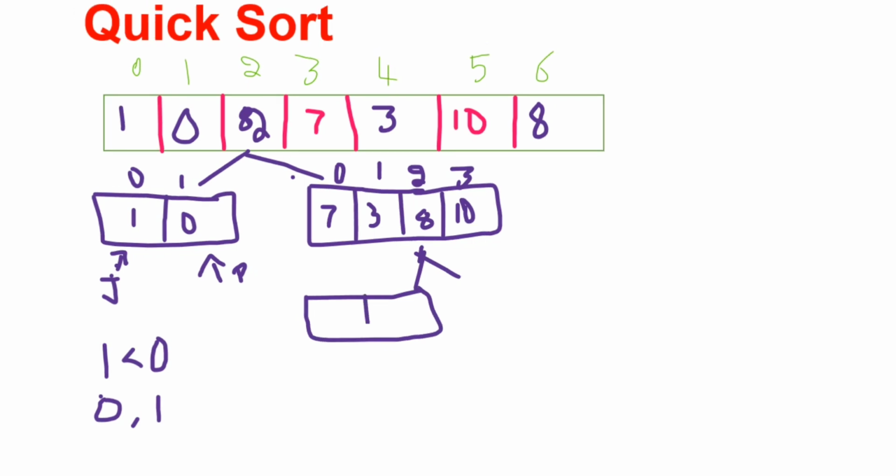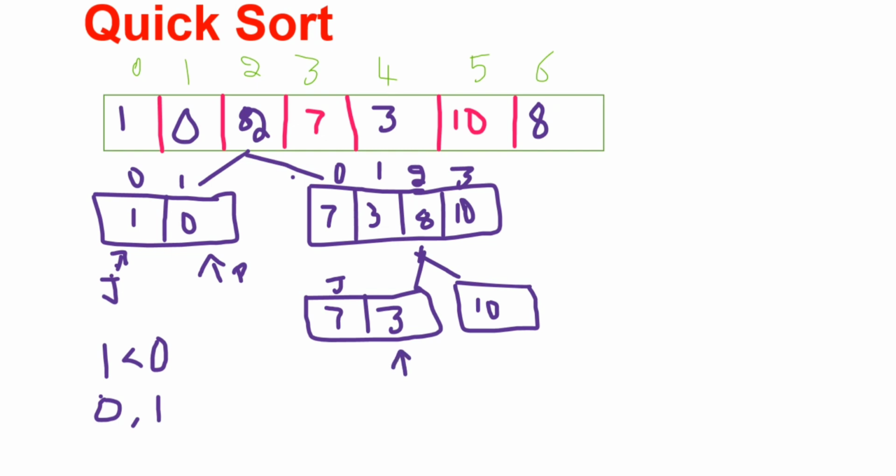Again I need to divide the list into sublists. The left sublist contains 10, 7 and 3. The right sublist contains 10, only one single element, so it's already sorted. This is j and the last one is the pivot.